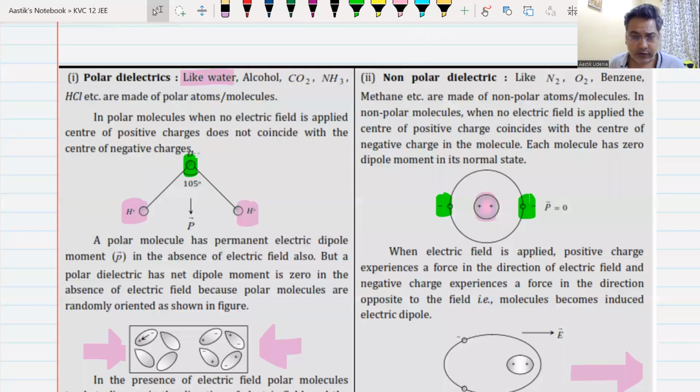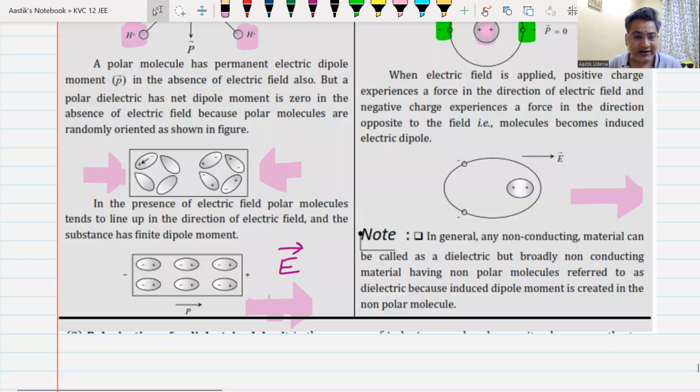Okay. So what we see in this initial discussion of dielectric is, whenever you put a dielectric inside an electric field, whether it is a polar dielectric or a non-polar dielectric, a dipole moment is induced in the dielectric.